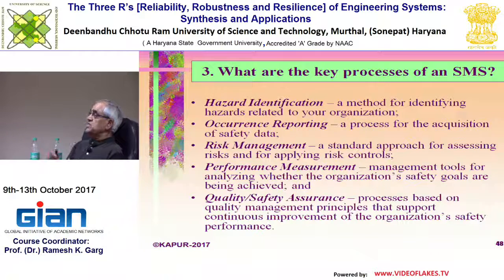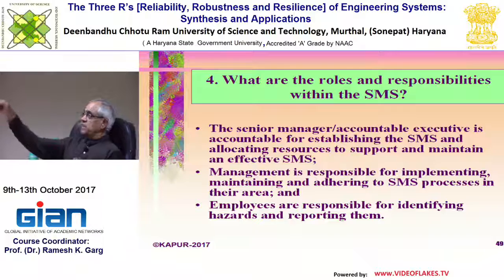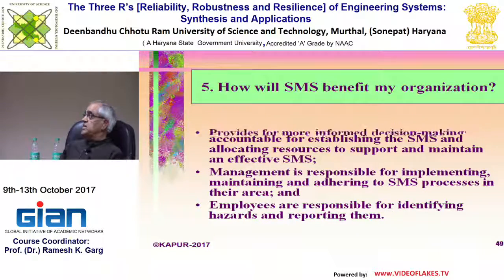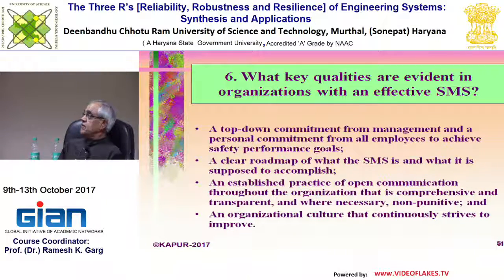So I think we talked about hazard analysis and so on. Then you could say, what are the roles and responsibilities within system safety management for senior managers, low-level managers, employees in the organization? How will it benefit any organization, and so on.